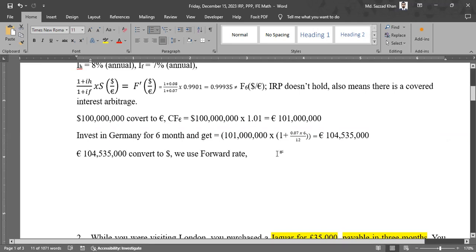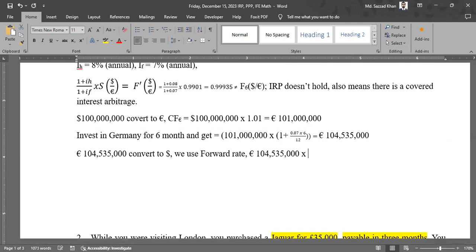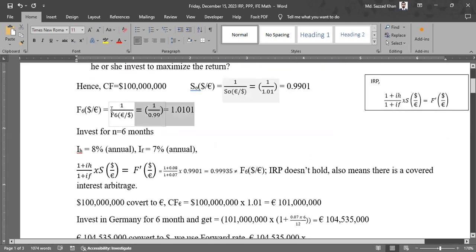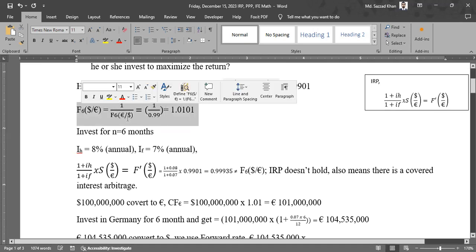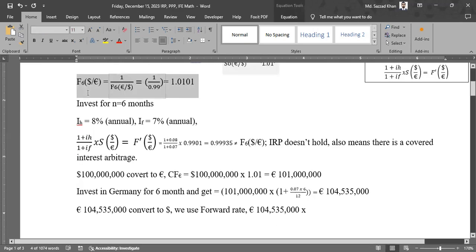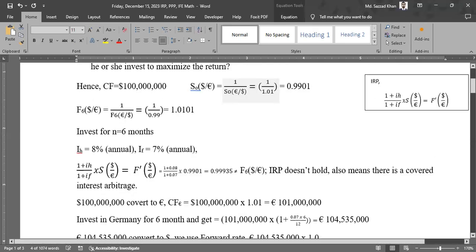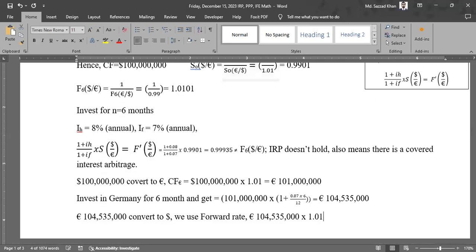Okay, so this much money into which forward rate will we be using? This one. Okay, so we can use euro by dollar. Now we can use dollar by euro, already solved. So you can simply use 1.0101. Okay, so you'll be getting it in dollar.